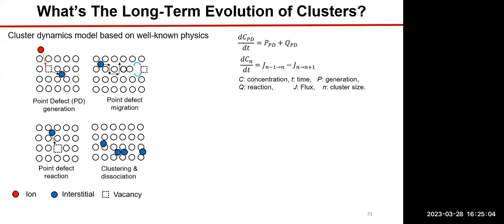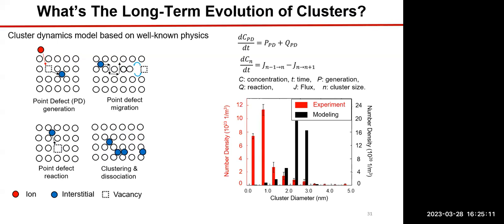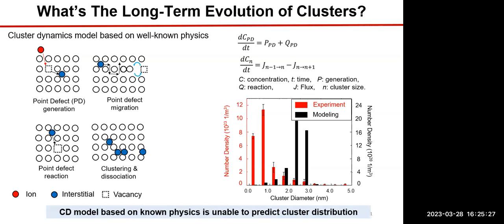Based on those well-known physical phenomena, we developed the model, and here I show the result. I know this result is very ugly. It's very different from the experimental measurements. So it suggests that based on the well-known physics model, we cannot get a good result, which means that we have missed some new physics during the radiation process.